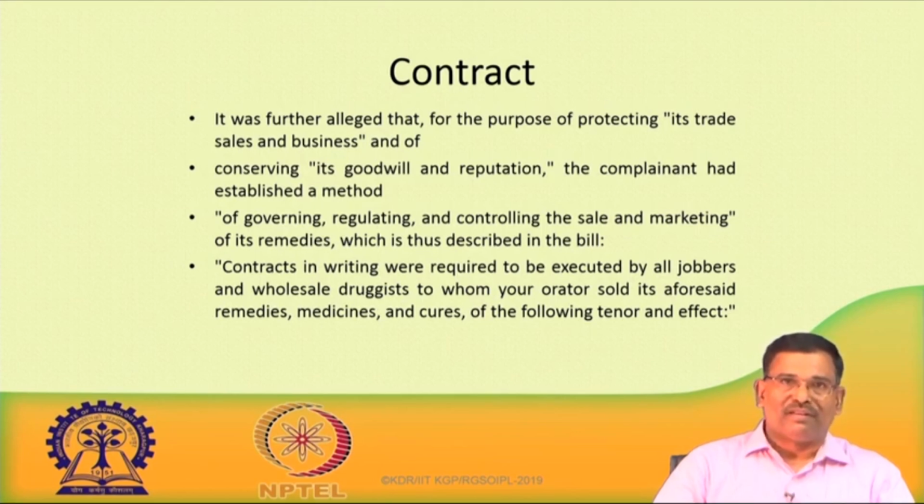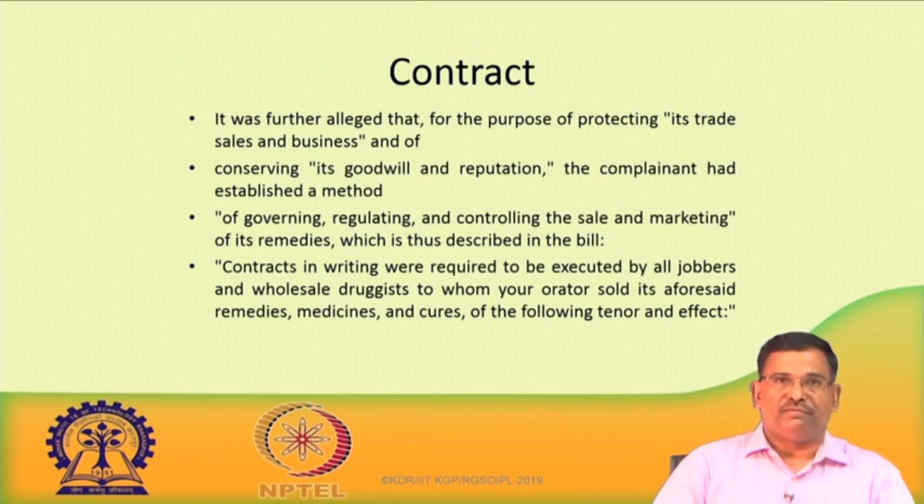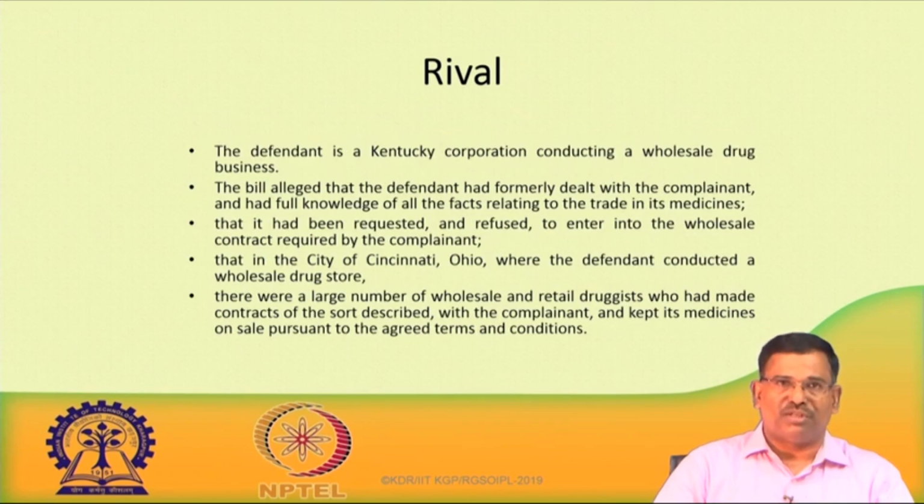And thirdly, it is said to be necessary to control the marketing. Yes, every company can control the market, but not by fixing the prices, and the prices should be determined by the market forces. And every company imposes restrictions on its wholesalers and retailers. So, the justification that the defendant knows the terms and conditions is not going to be sustainable.